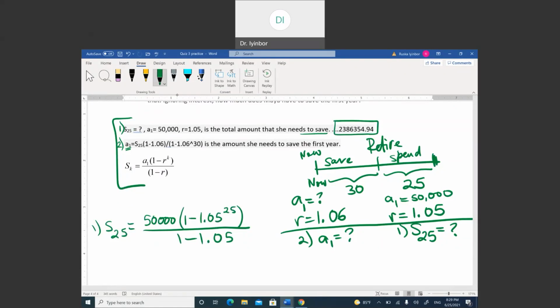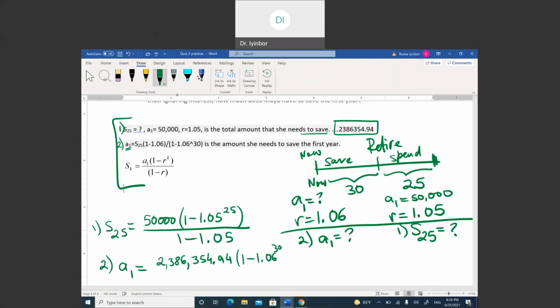Then the second step is you have to find A1, and it's going to be the number we just got, which is 2 million 386,354.94, and then we have 1 minus 1.06 with exponent 30.